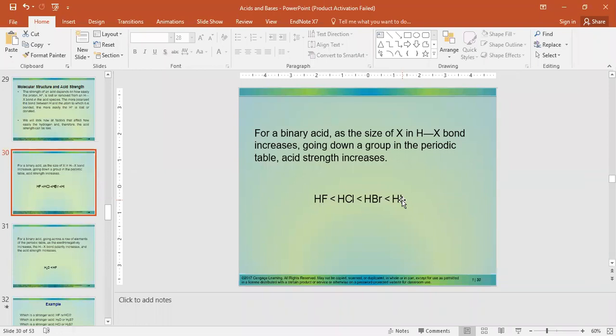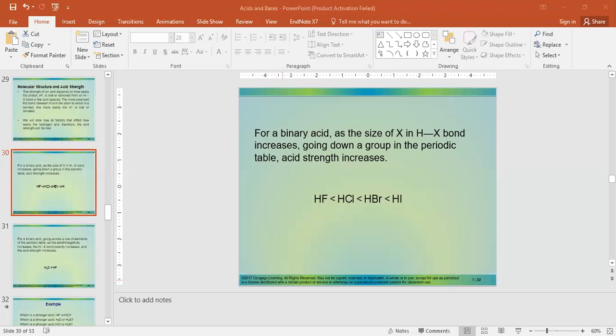My question is, let's say in hydrogen fluoride, hydrogen is almost losing the bonding electron. But in hydrogen iodide, it's kind of equally shared, even though it's not.